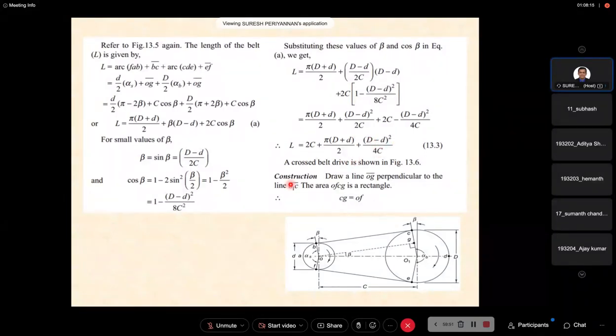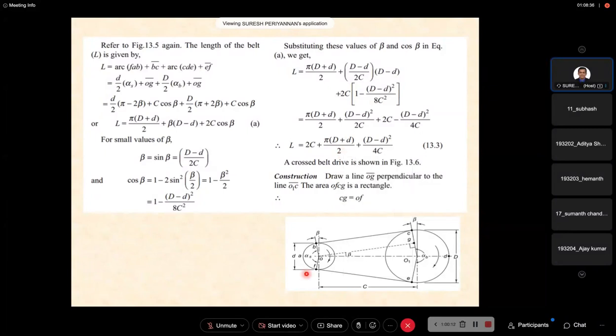squared divided by 4C. Because on one side the belt contact angle is less than 180 degrees and on the bigger pulley side greater than 180 degrees, based on the greater than 180 degree side we defined pi into D plus d by 2.